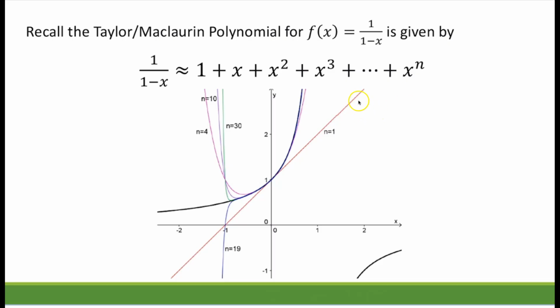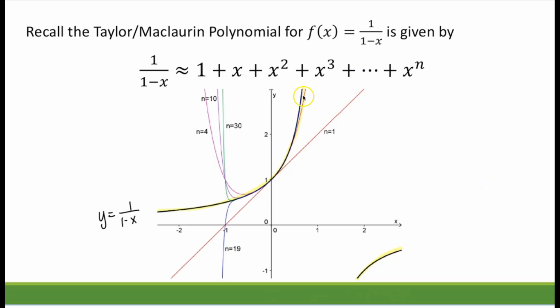And we want to look at the graphical representation. So 1 over 1 minus x is a function, which is these two pieces here. So I'm going to highlight them. It's this piece right here, and then there's a vertical asymptote and there's another piece over here. So that's the whole 1 over 1 minus x function.